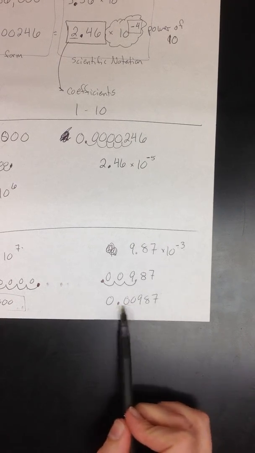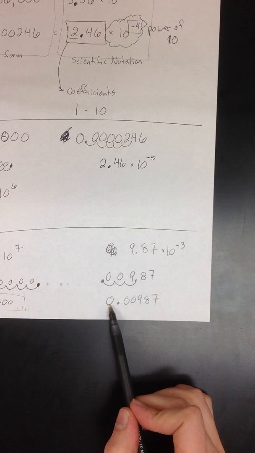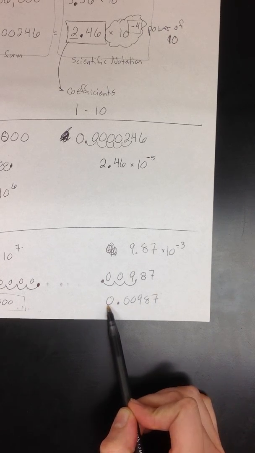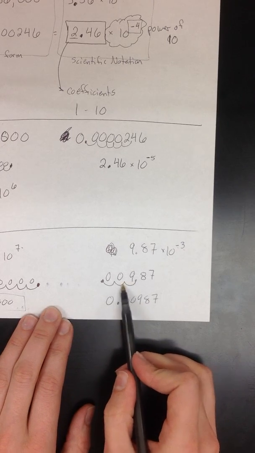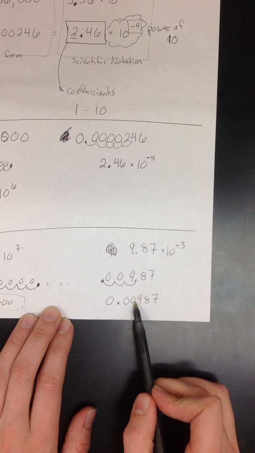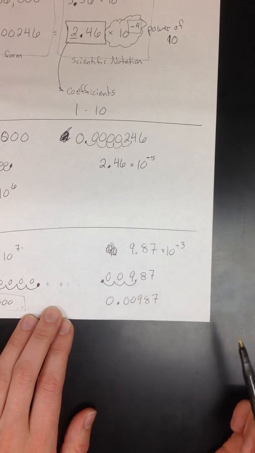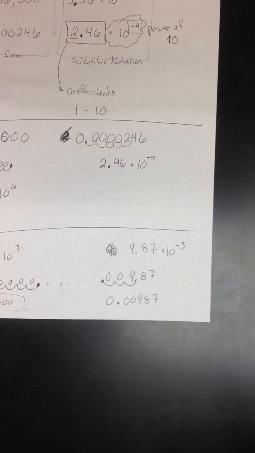Then we don't lose that decimal somewhere. This 0 does not change our number of spaces. It does not change our exponent. We still have 2 zeros and our 9. It's just a nice formality thing to make it look nicer.